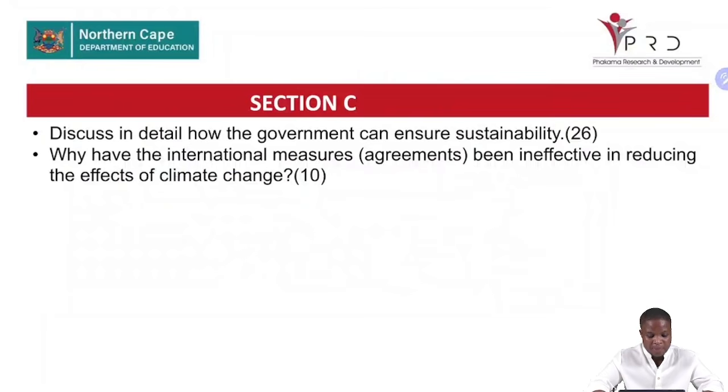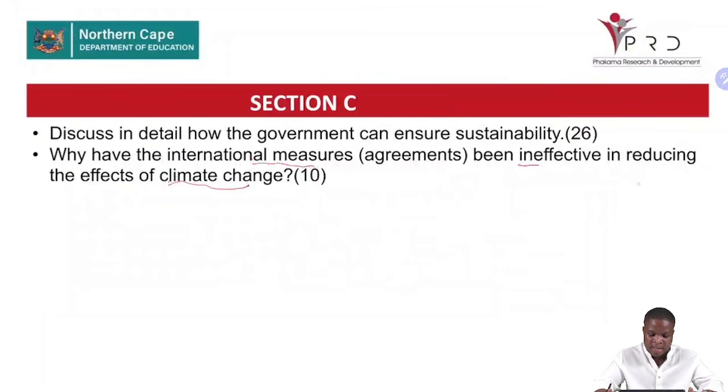The additional part says, why have the international measures and agreements been ineffective in reducing the effects of climate change? So we have a problem, climate change, and international measures that are there to solve it. You say that the international measures haven't worked because of this and this and this, therefore they couldn't reduce the effect of climate change.